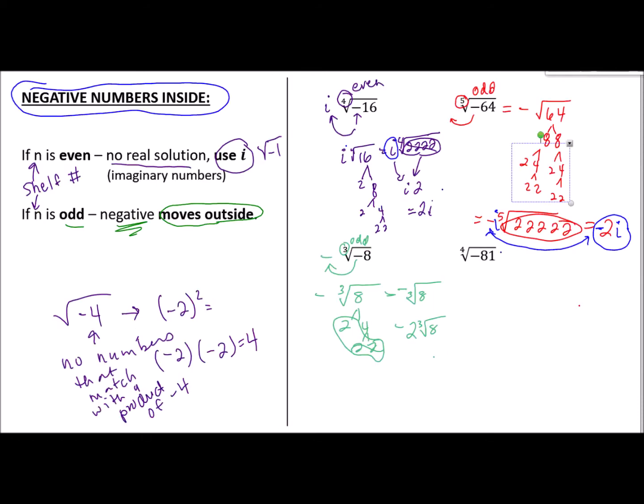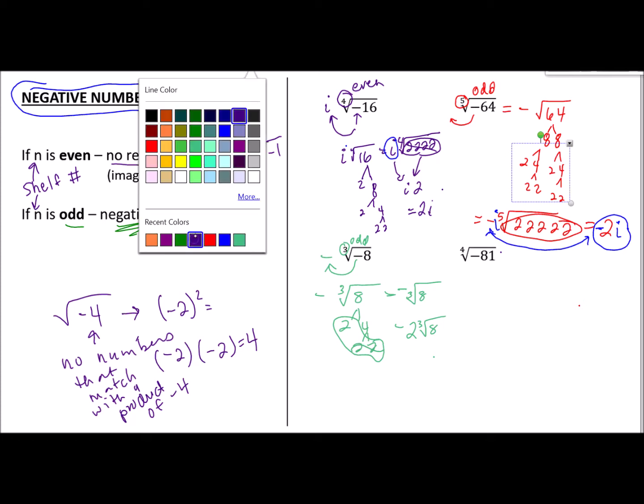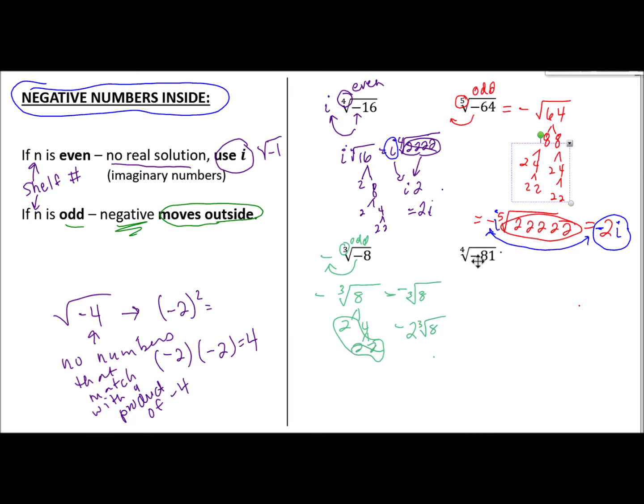All right, fourth root of negative 81. Okay, fourth root, which is even. So this moves outside and becomes an i. So we've got i times the fourth root of 81. If you break that down, you get i, fourth root of 3 times 3 times 3 times 3.